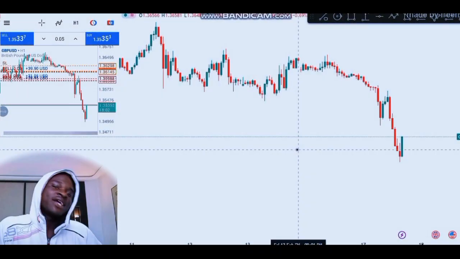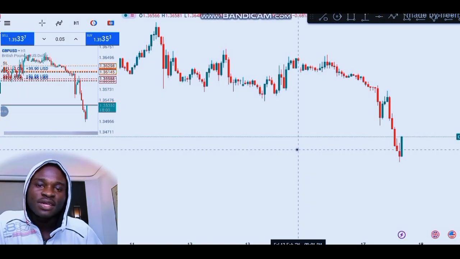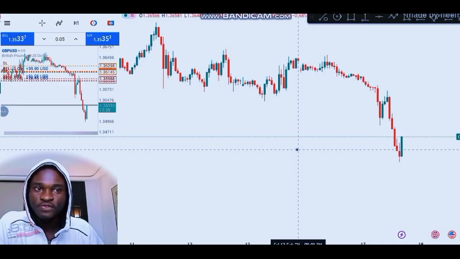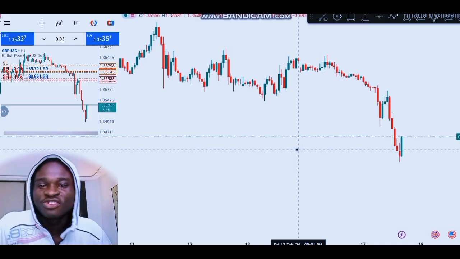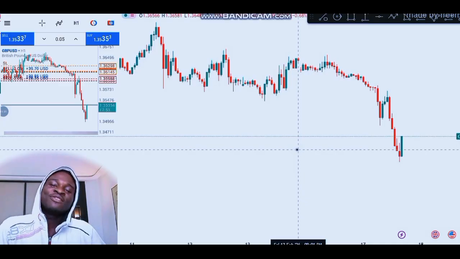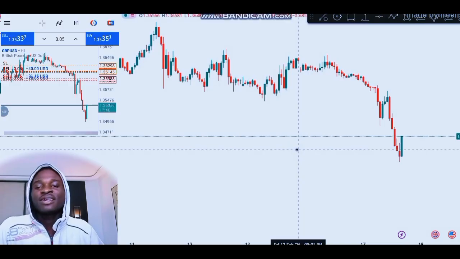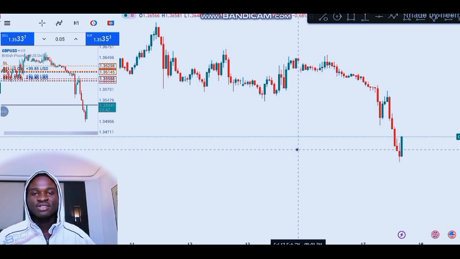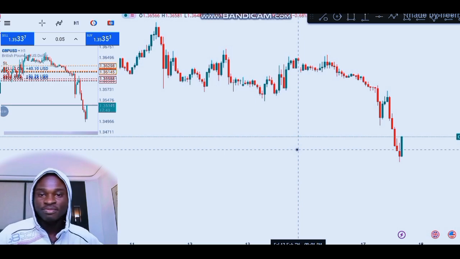And there's a particular zone that the market will find itself, because I'm not the one that control the market. A particular zone the market will find itself, either to close the position or to add another position. That is how I correct myself whenever the market change direction or market shift.